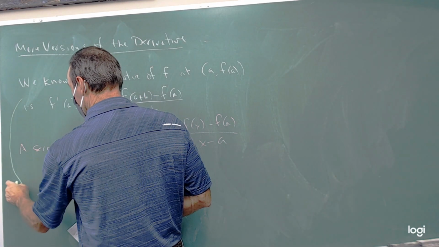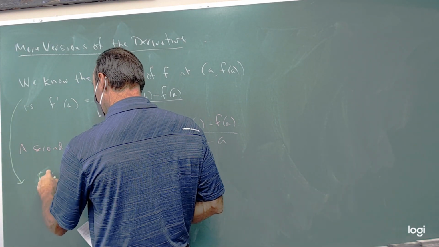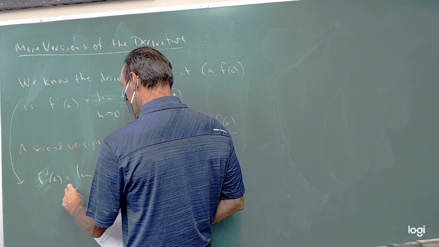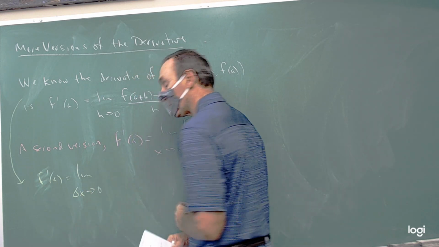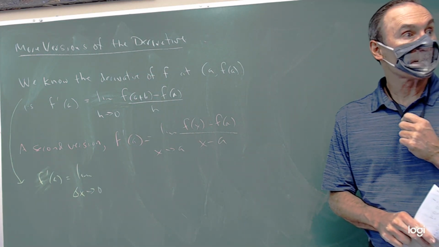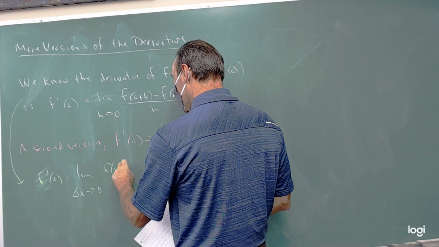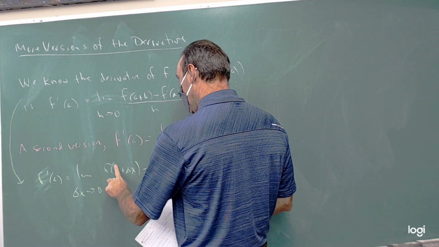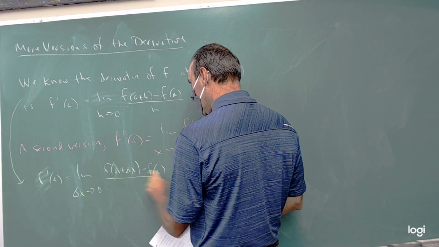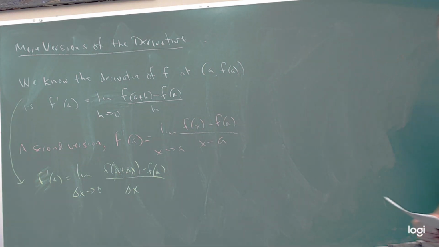So alternatively, we could say that f prime of a is the limit as delta x goes to 0 of f of a plus delta x minus f of a, all over delta x. So that is the same kind of thing.